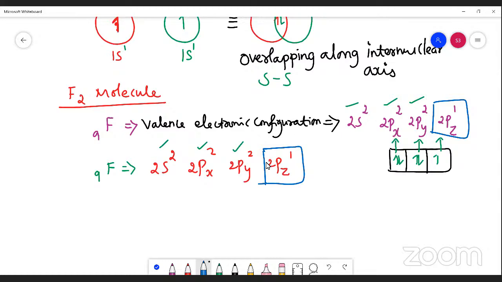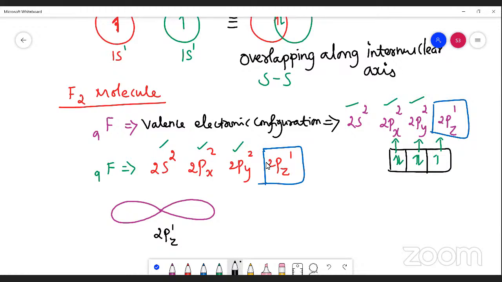Now I will show the formation of the sigma bond by taking the p orbitals here. We know that all the p orbitals have a dumbbell shape, but especially I am talking about the 2pz. It contains only one electron.